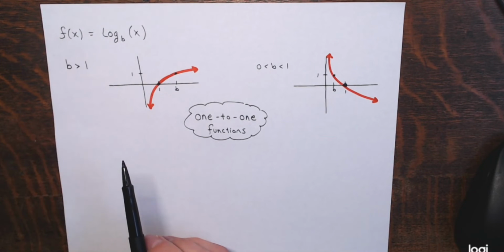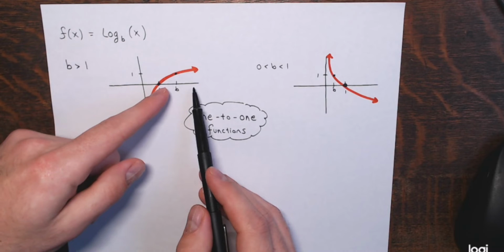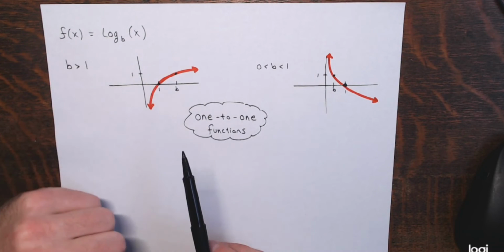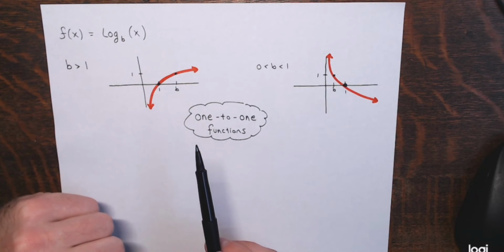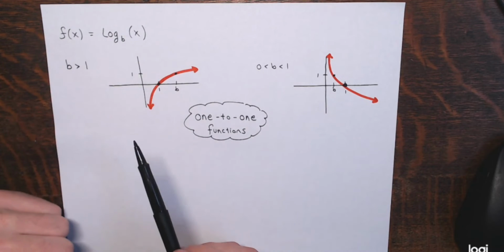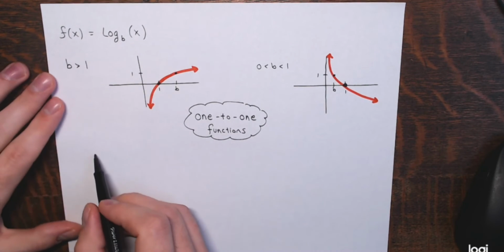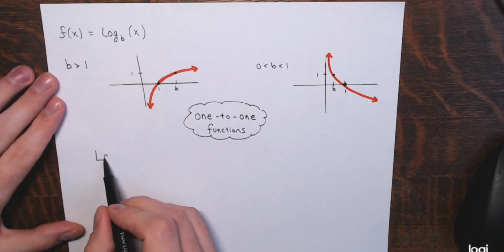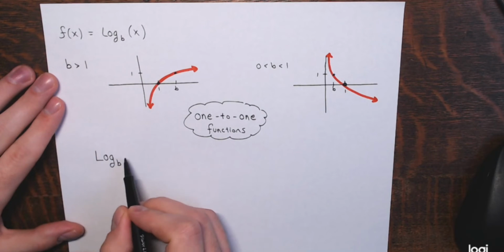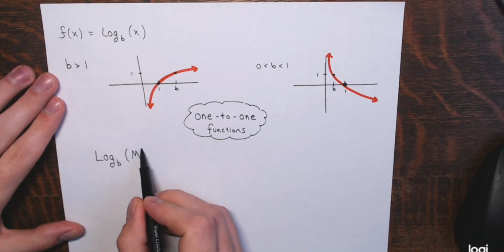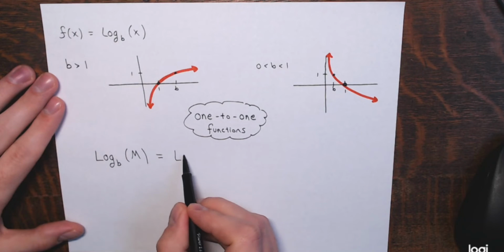And that meant if you had two different inputs, they'd go to two different outputs. And another way of saying that is if you have two outputs of a logarithm that are the same, so say the log base b of m is equal to the log base b of n.